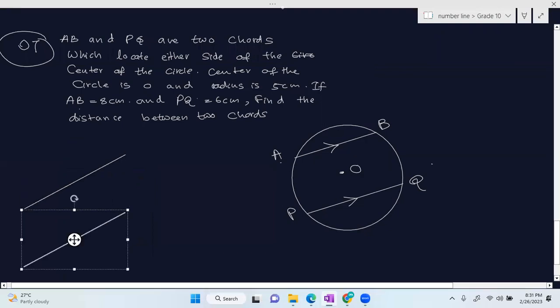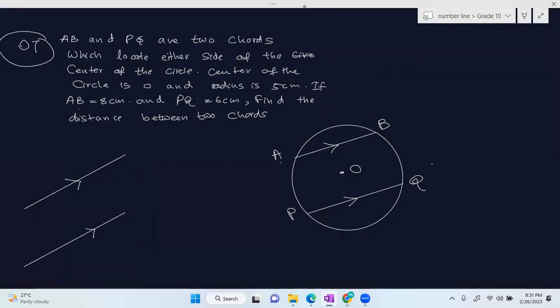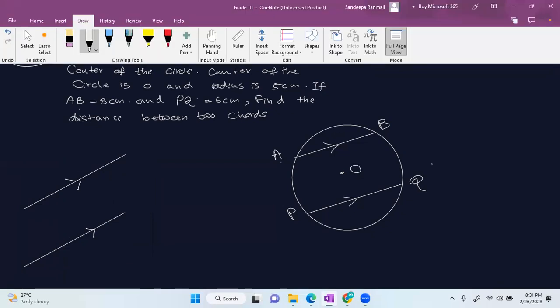What do you know about the parallel straight line segments? Tell me. What do you know about the parallel straight line segments?